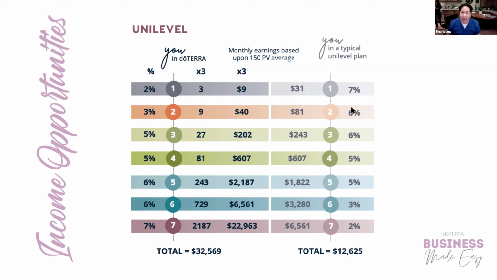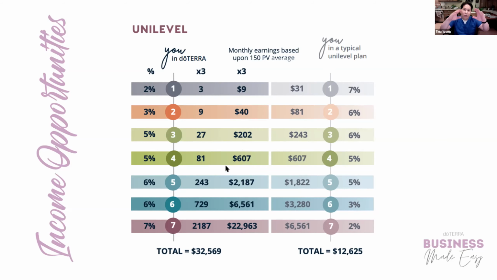And then it gets to 6%, okay? And then once you get down to the 4th level, it's about the same. You have the 81 people and it's 5% on both. The difference is when you get down to the 5th, 6th, and 7th level.